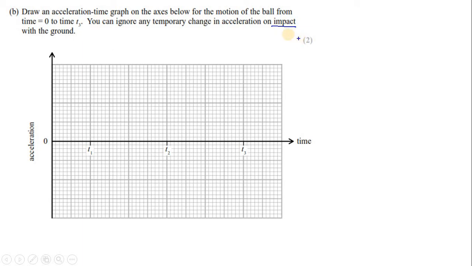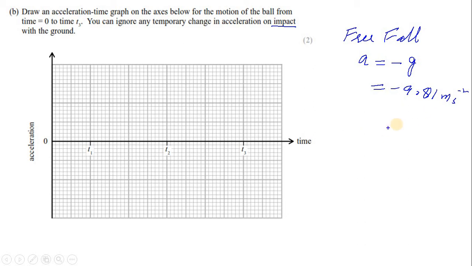Remember, if you are ignoring that, it means whether the ball is going up or falling down, it is free fall motion. And for free fall motion, the acceleration is always minus g, meaning minus 9.81 meters per second squared. It doesn't matter if it is going up or falling down.